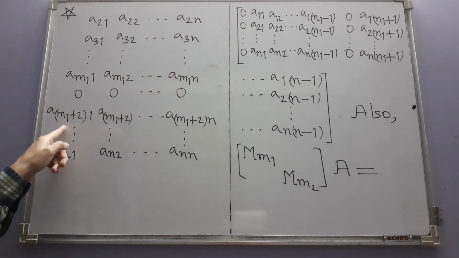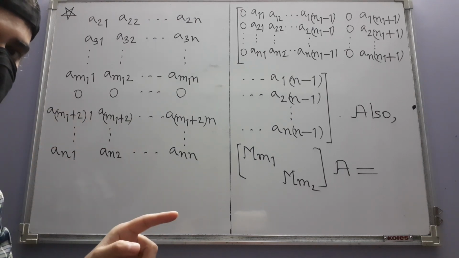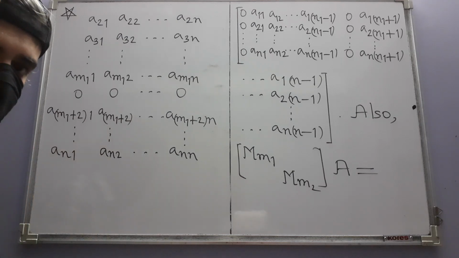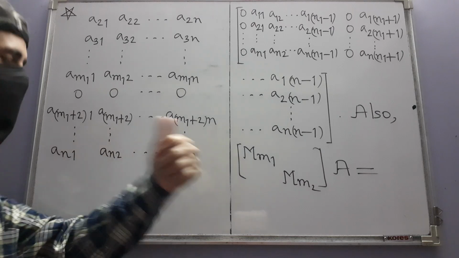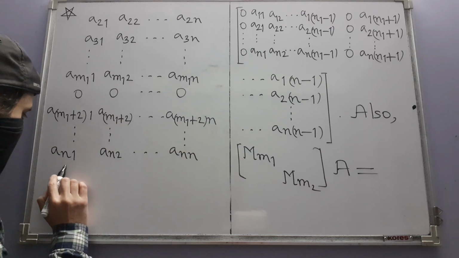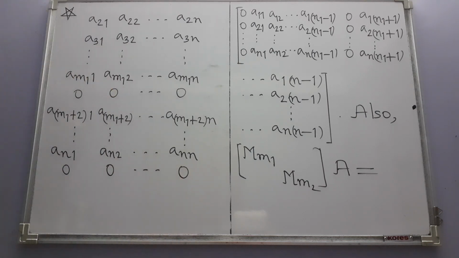So whatever first index number you are having for an entry, the row number is 1 less than that. So here the first index is n, so this is n minus 1 row. So there is one more row, and that is again another 0 row. So this is the second product.